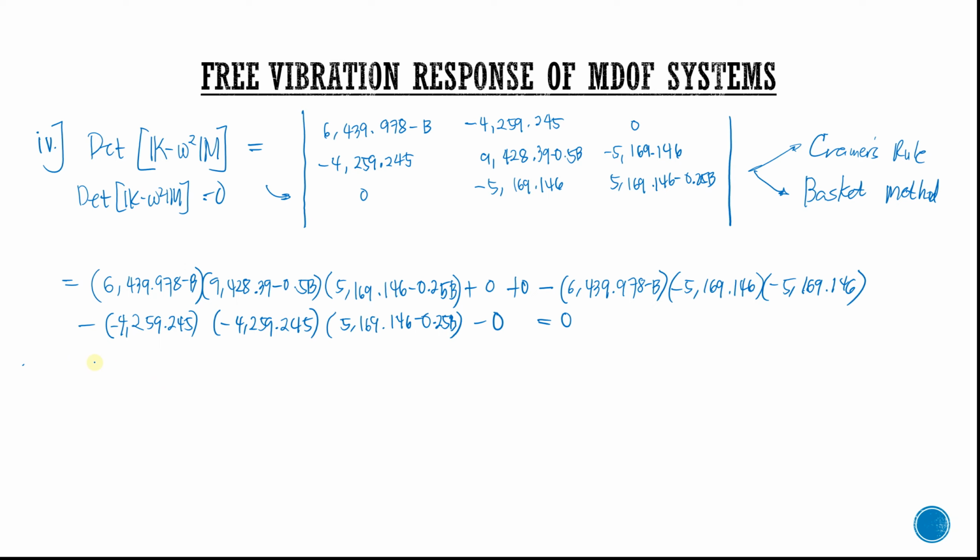And then we are left with, no, this is 48 billion 12 million 422,100 minus 49,305,611.4 b plus 5,746.668 b squared minus 0.125 b cubed is equal to 0.